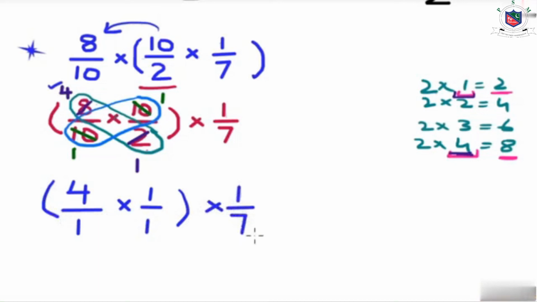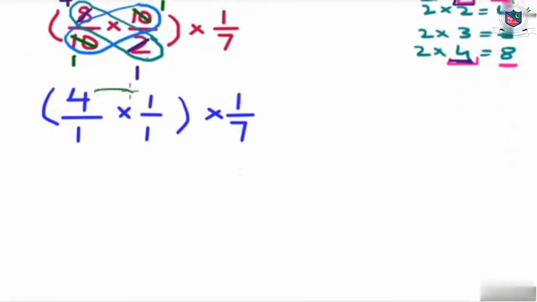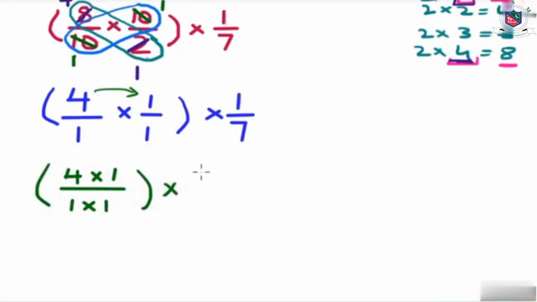This is equals to, yes, dear students, numerator will be multiplied by the numerator. So 4 times 1 will be equals to 4, and 1 times 1 will be equals to 1, and 1 by 7 we have to write in the same way.